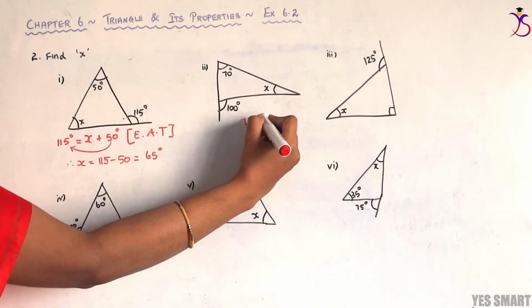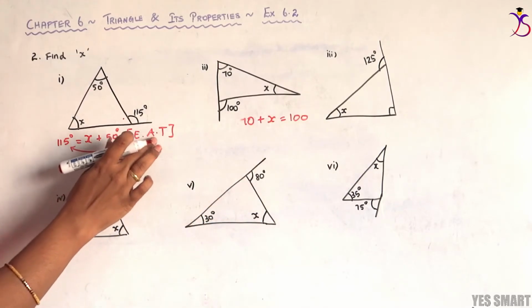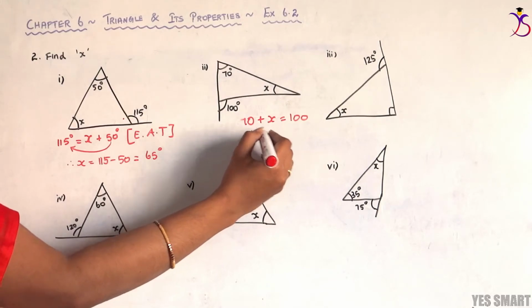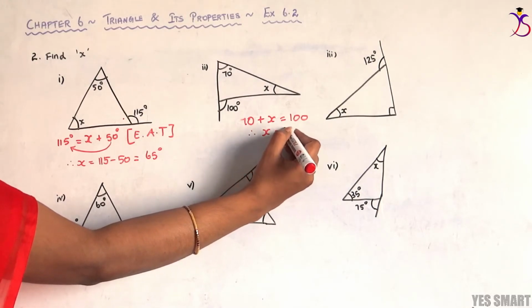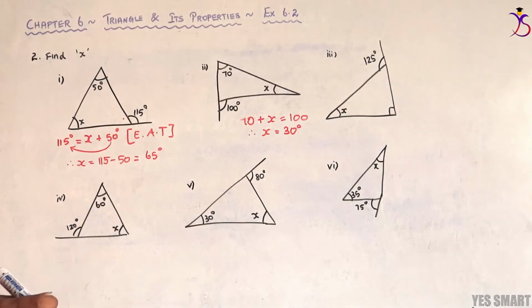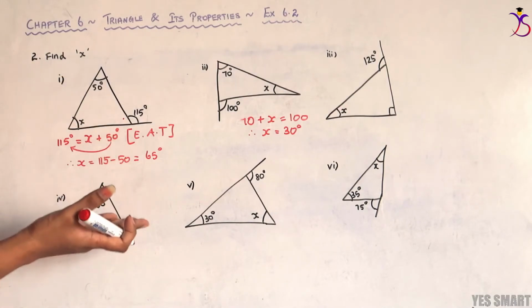So 70 plus x gives us 100 degrees. When you transpose, 100 minus 70 gives us 30. Therefore, x is equal to 30 degrees. If it is asked for 1 mark, we can just straight away subtract and write the answer. Or if they have asked it for 2 or 3 marks, you are supposed to write the steps.